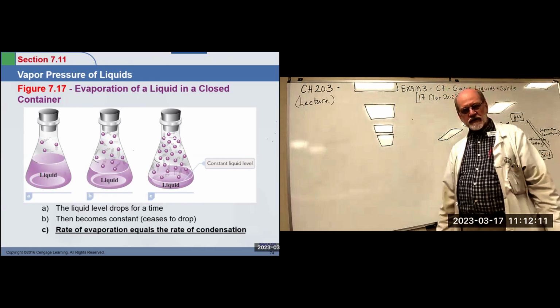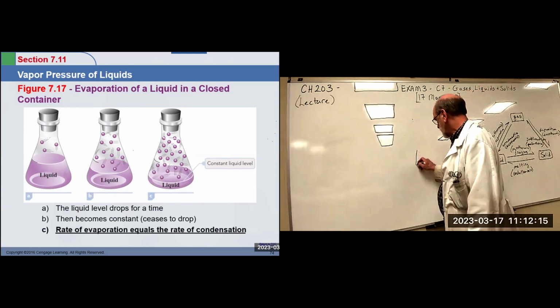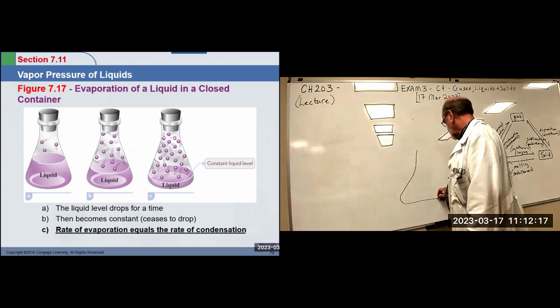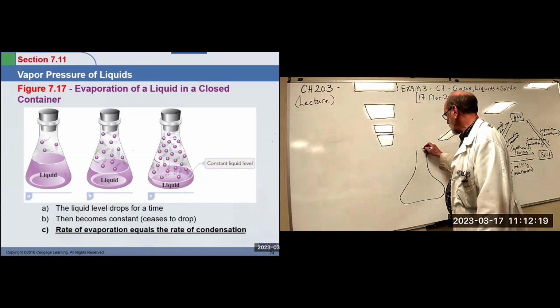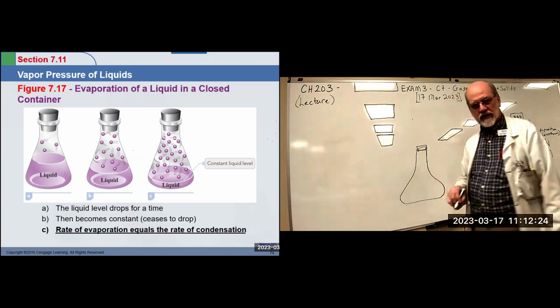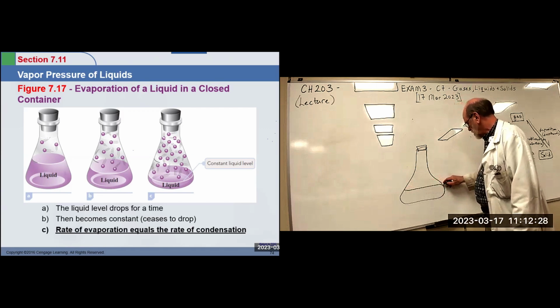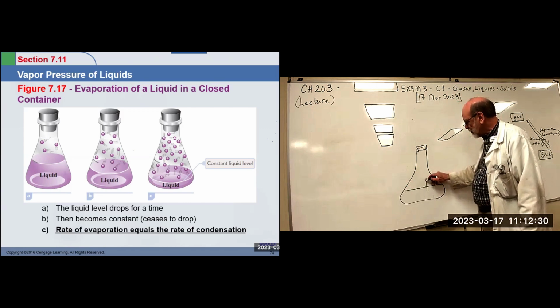Okay, so here in a closed container, we're going to talk about evaporation. You got this liquid, and you got a cork in it, and your liquid is here, and it's evaporating.